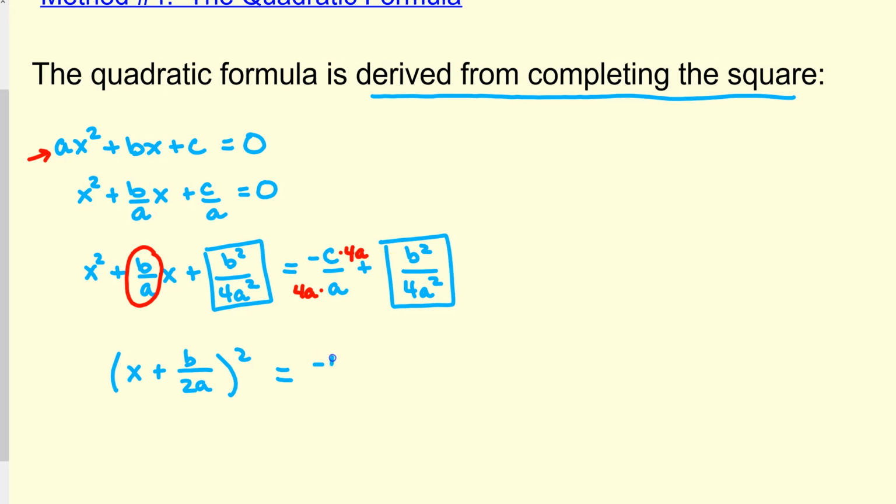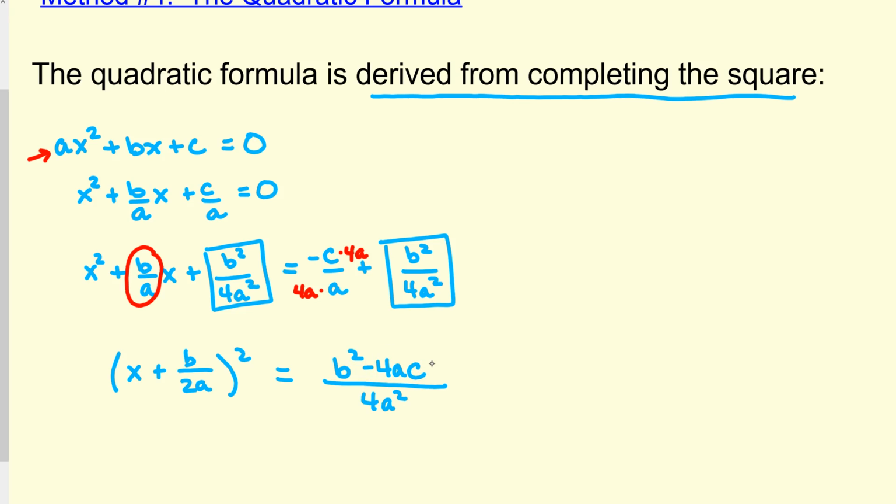So now we have negative 4ac plus b squared over 4a squared. Now, what if we just rewrite that numerator? Instead of negative 4ac plus b squared, what if we rewrite it in reverse order as b squared minus 4ac?